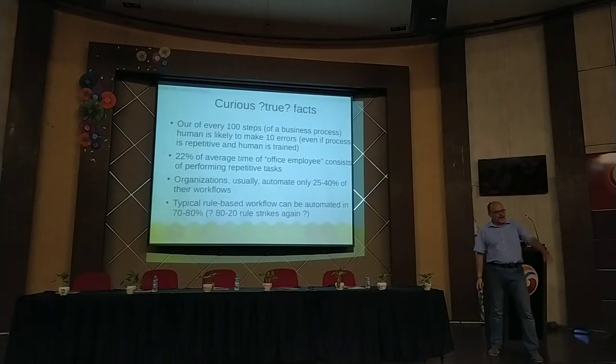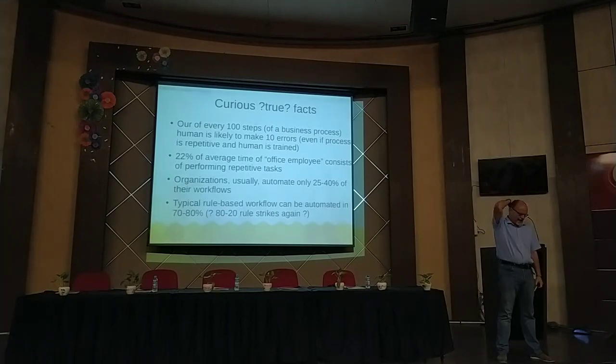Now this reminds me, do you know what the 80-20 rule is? The 80-20 rule, which sometimes also comes together with Zipf's law, is like this. If you have a budget of 100%, then with 20% of effort you can get 80% of the results.